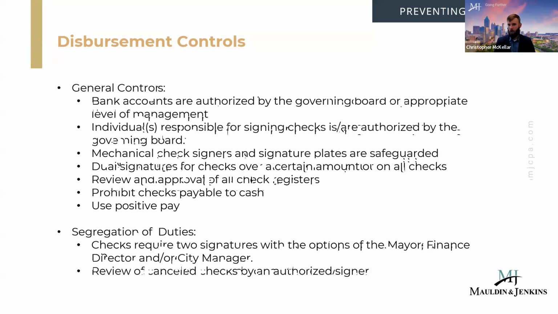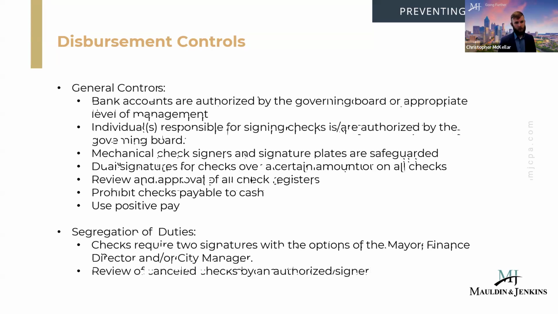So that's where you work with the bank to modify the parameters so that it's giving you good information that can be approved or denied. The key to the positive pay system also is to review those exception reports in detail each time. Don't just skim over them and approve everything.